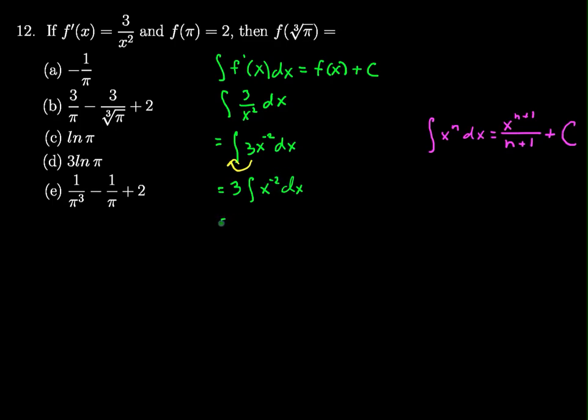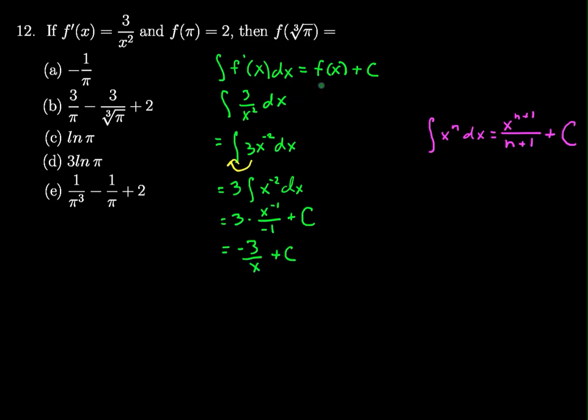And so I get 3 times x to the negative 1 divided by negative 1. And then I do have an arbitrary constant plus c, and 3 times that is the same thing as an arbitrary constant plus c. And I'll simplify this down a little bit before I go any farther. So we'll get negative 3 over x plus c.